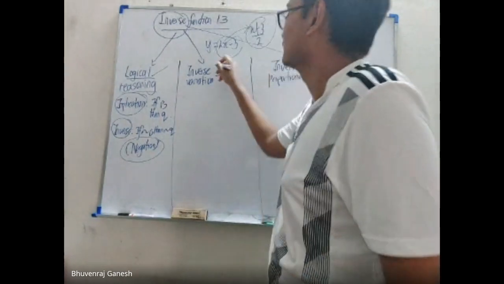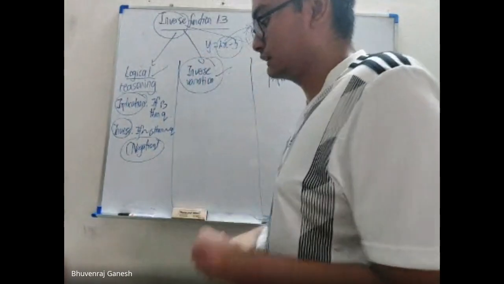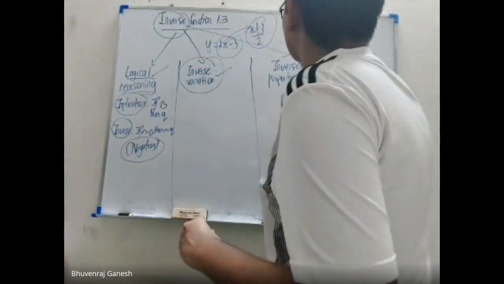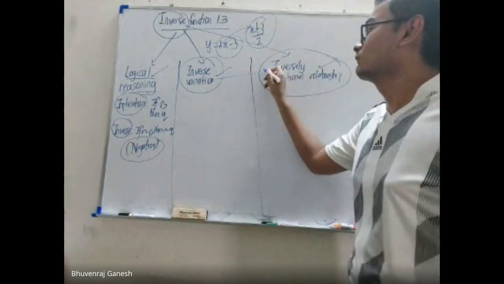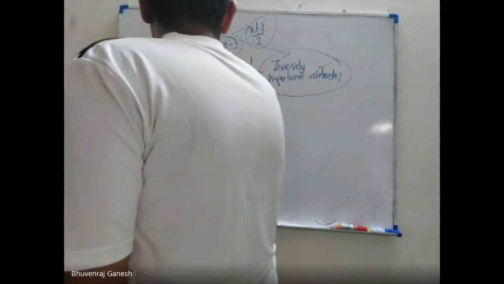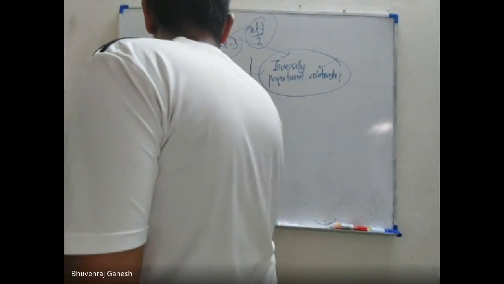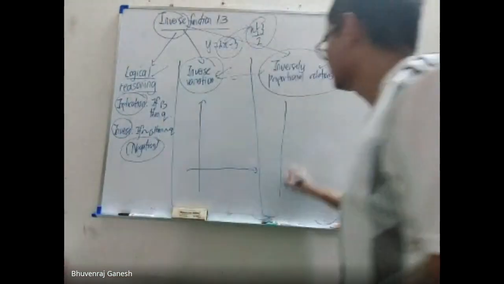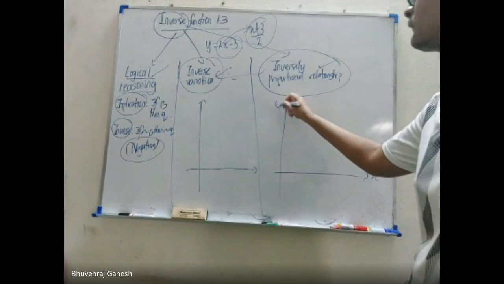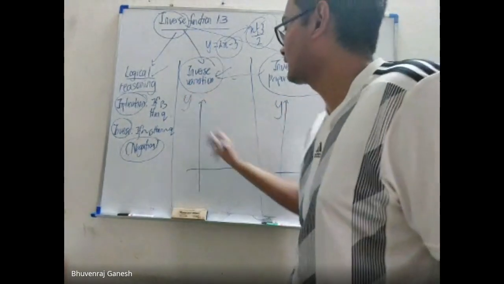Another topic that's more closely linked to this is inverse variation, or the inversely proportional relationship. These two are almost the same. You understand this through this kind of graph. Normally you have a y against x graph.